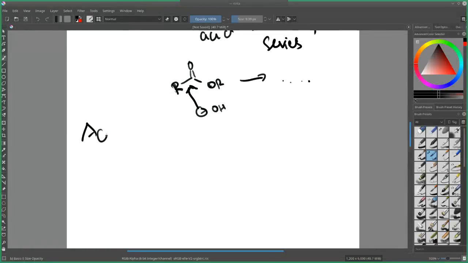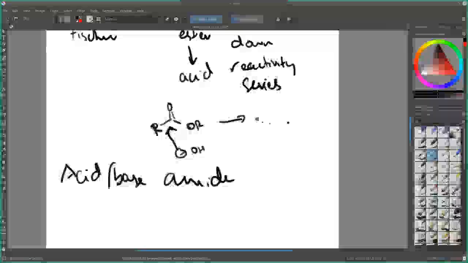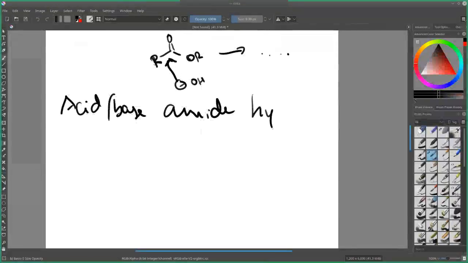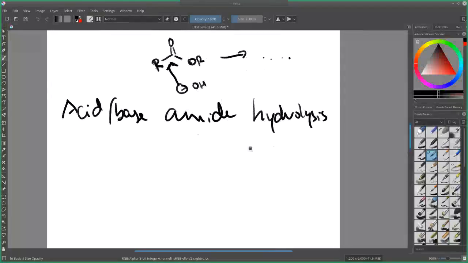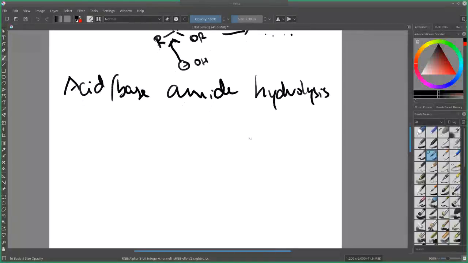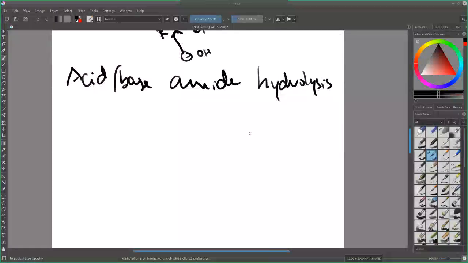Same thing for amides. What did I say up here? Hydrolysis, yeah. So acid and base amide hydrolysis. Okay. You can do the same exact conditions or the same exact mechanism and reaction, right? Amides are lower on the reactivity series, so you need stronger conditions to do this.